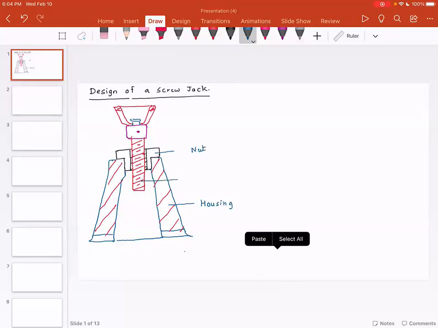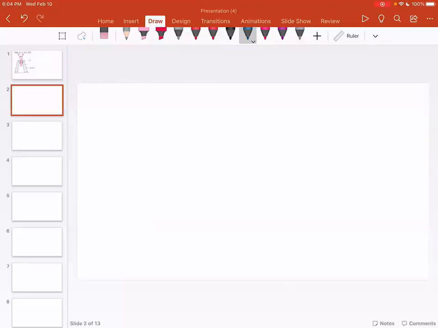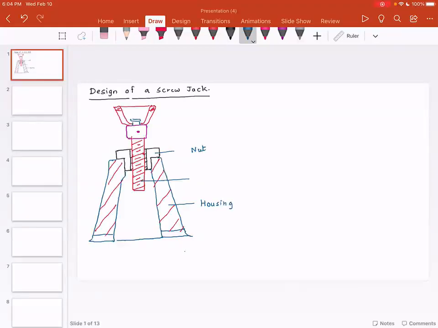This is the power screw. This is the head. And usually you will have a handle that is attached to the head.